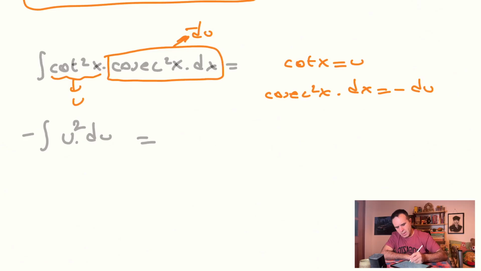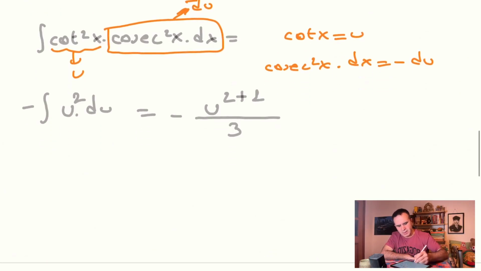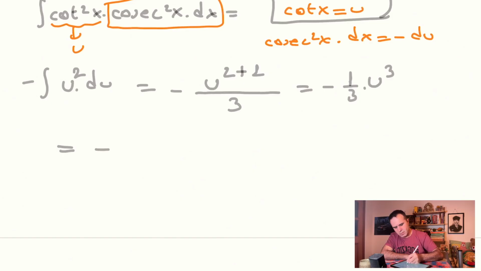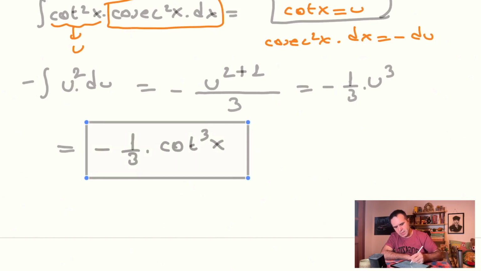Okay, and when we integrate it again, we add 1 to the exponent, and the exponent becomes 3, and we divide by the new exponent, and the integral becomes minus 1/3 times u to the power of 3. And since u was cotangent x, the integral becomes minus 1/3 cotangent cubed x, and the integral is this.